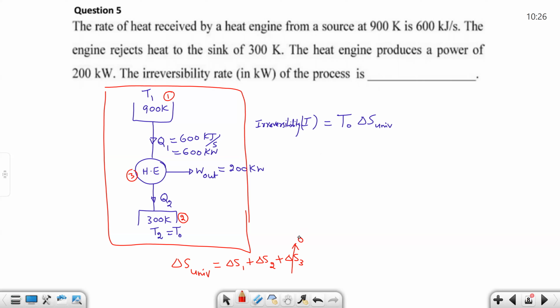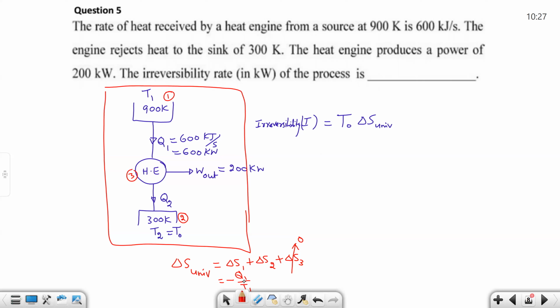The first system is a thermal reservoir of 900 Kelvin, which gives out the heat. For any thermal reservoir whose temperature is constant, the entropy change will be Q by T. Since the 900 Kelvin reservoir is losing heat, it loses entropy, so the entropy change will be minus Q1 by T1.